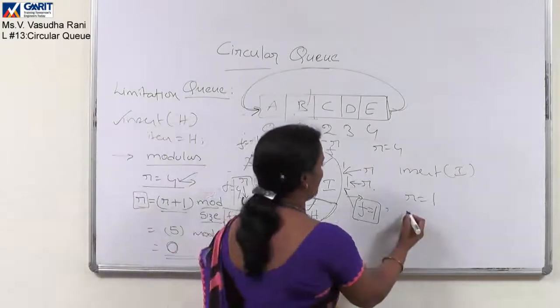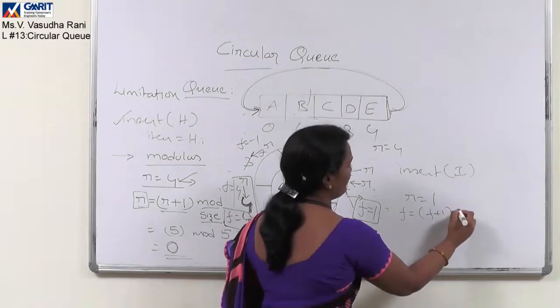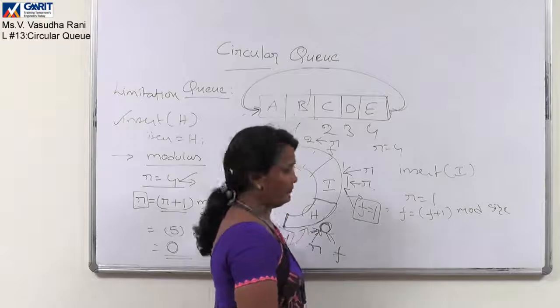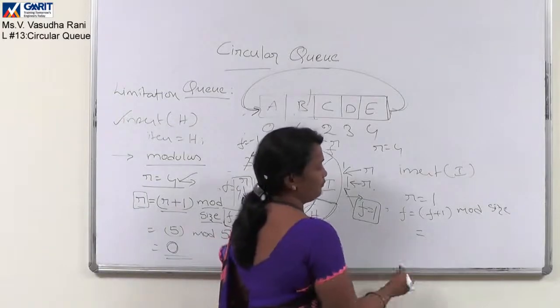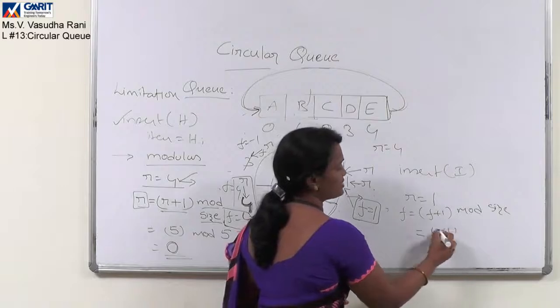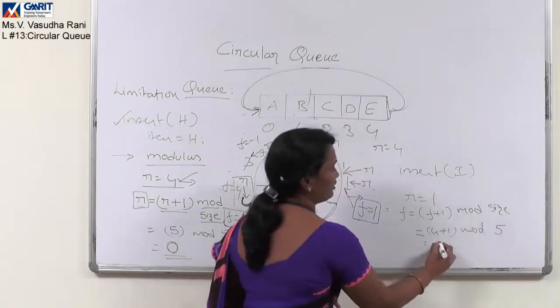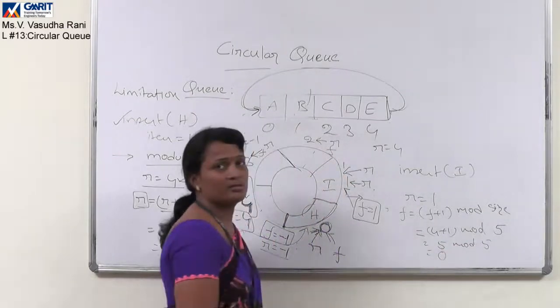So you can write front equal to front plus 1 mod size of the list. Here our front is 4, so it is 4 plus 1 mod 5, and front is 0.